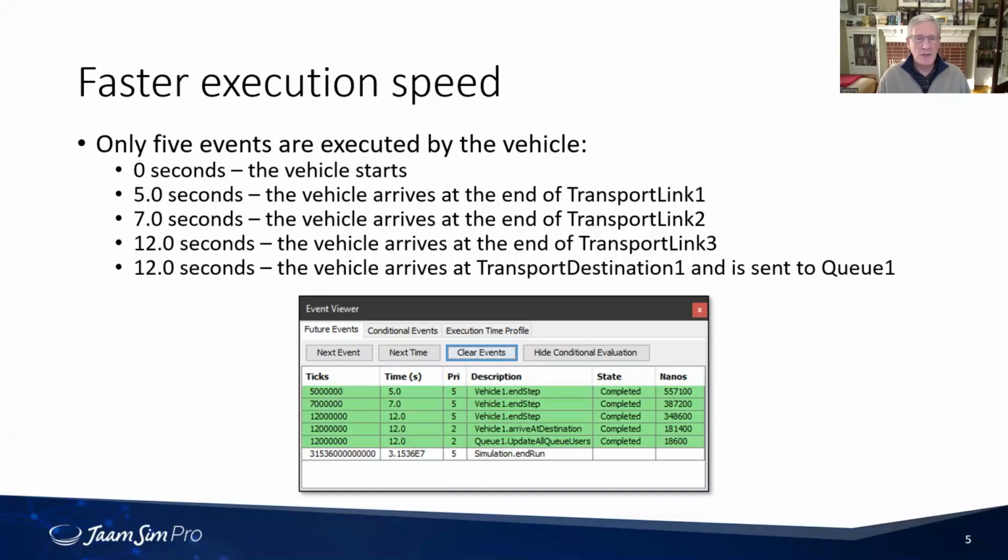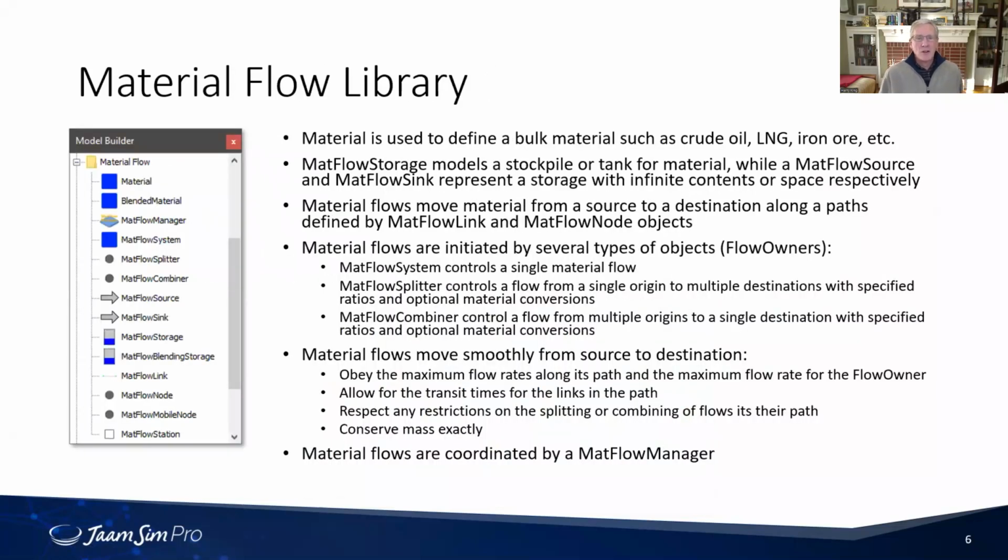When you run it as fast as possible and unclick the real time button, it'll just execute five events, and it'll be gone before you've even noticed it. This makes a huge difference in complicated models of how efficiently JaamSim Pro executes. So that's a quick introduction to the transportation library.